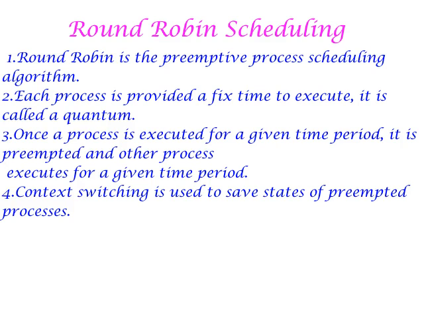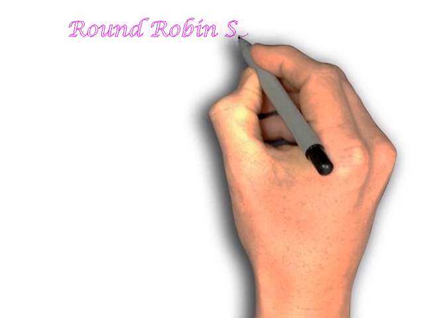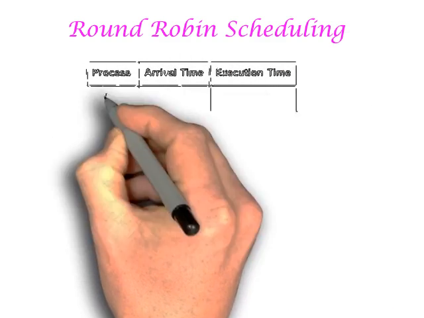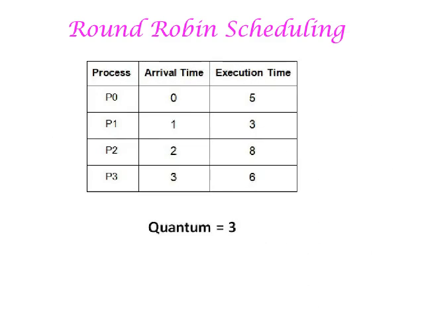Okay. Now we discuss the sum, that is, how to find the average waiting time and average turnaround time in the round robin scheduling algorithm. Consider the table. There are 4 processes, P0, P1, P2 and P3. Their corresponding arrival times are 0, 1, 2 and 3.